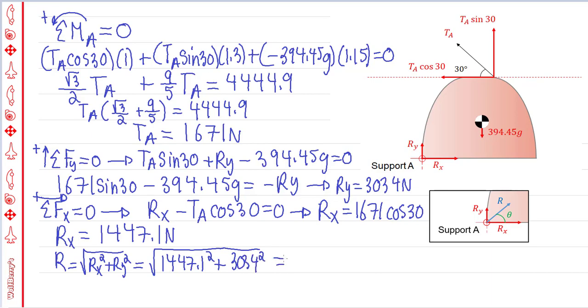This will give you a resultant value of 3361.4 newtons. This is less than the 4 kilonewton maximum that this support can hold, so therefore the support shall not fail.